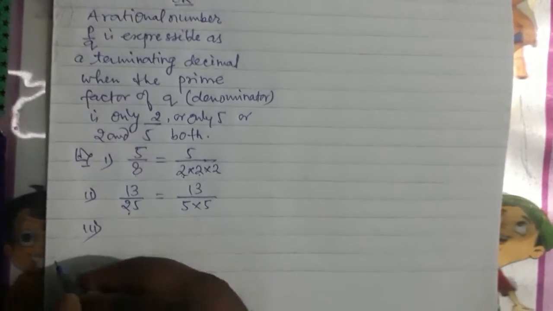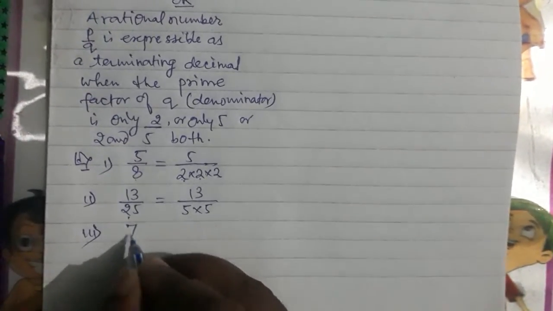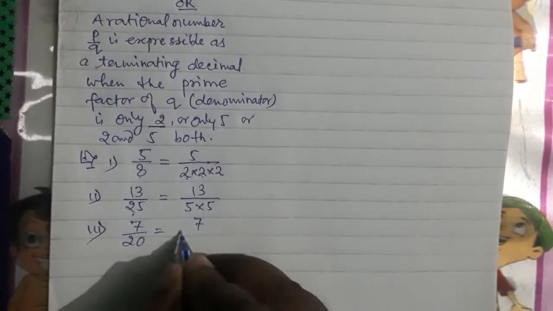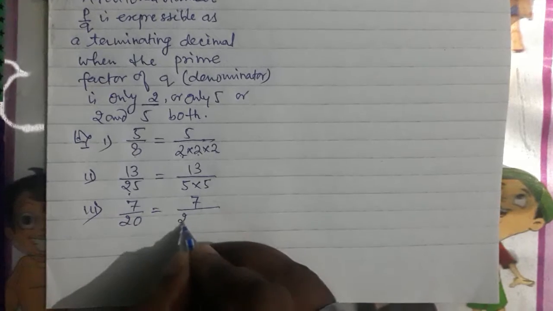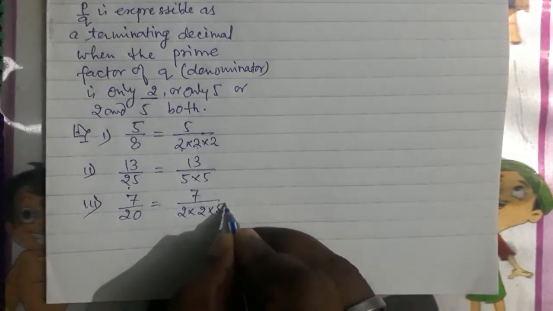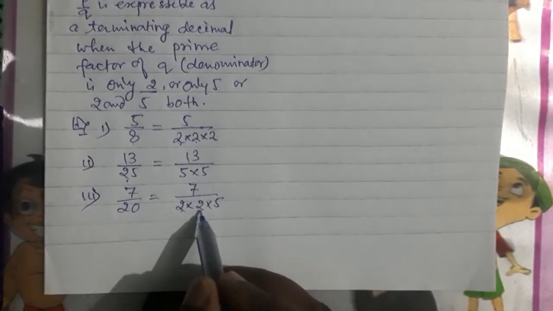And the third one: suppose we take 7 upon 20. Now the factors of 20: 2 into 2 into 5, that is 2 2s are 4, 4 5s are 20. So its denominator is a factor of both 2 and 5.